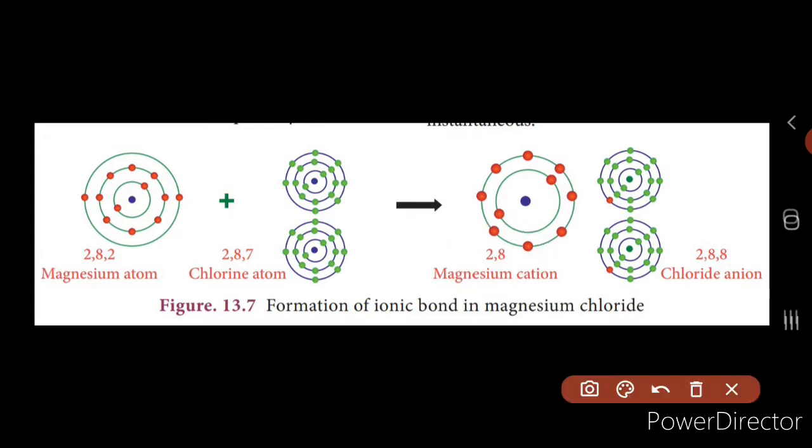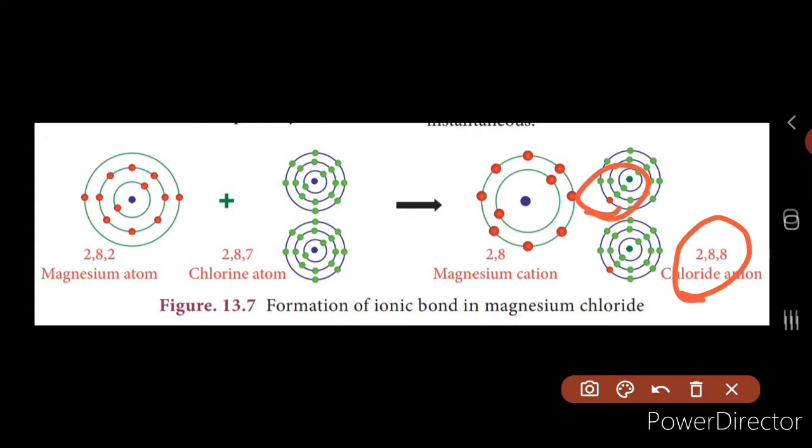On losing 2 electrons it becomes a magnesium cation, that is Mg2+, because it has lost its 2 electrons. The electronic configuration of the magnesium cation is 2, 8. Now here chlorine has gained an electron. Each chlorine has gained one electron from the magnesium, isn't it? Since it gains an electron, it becomes an anion, and the electronic configuration changes from 2, 8, 7 to 2, 8, 8.